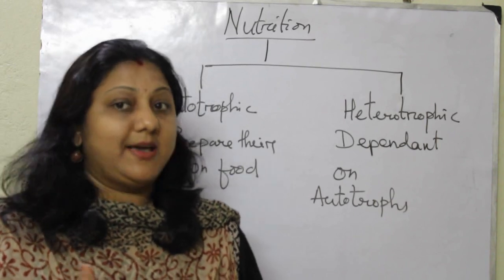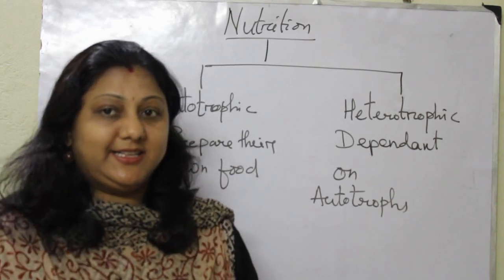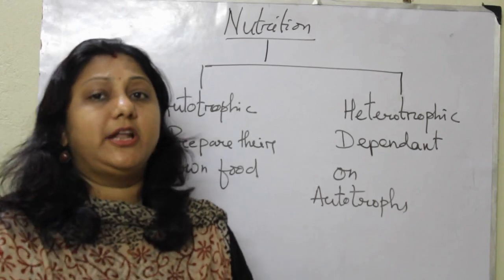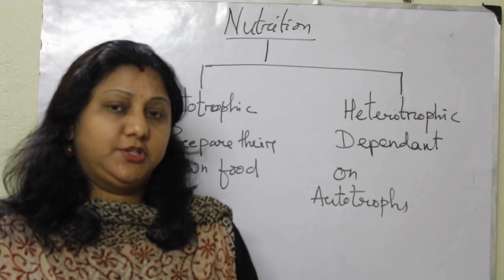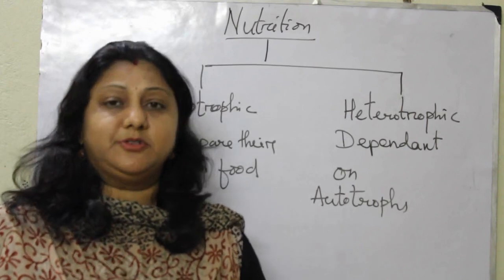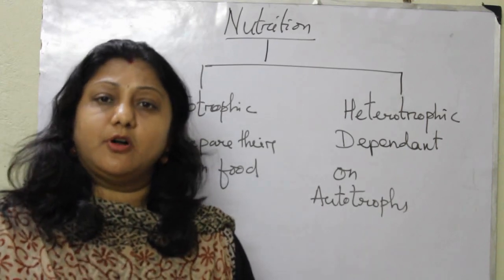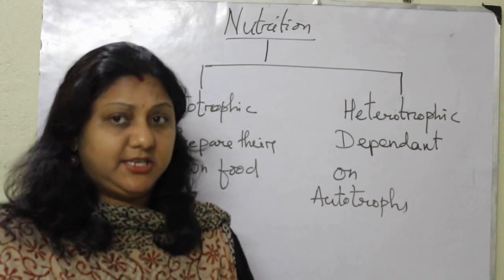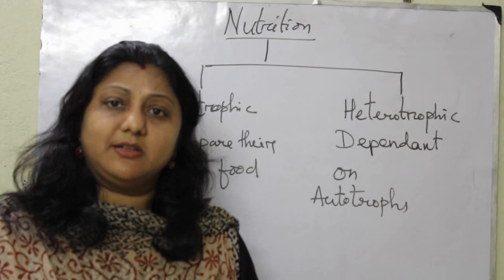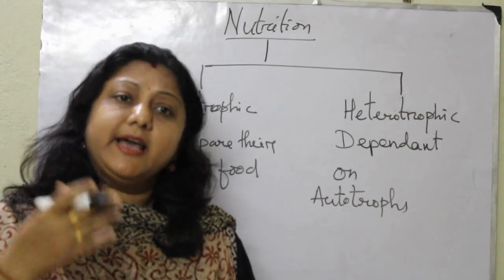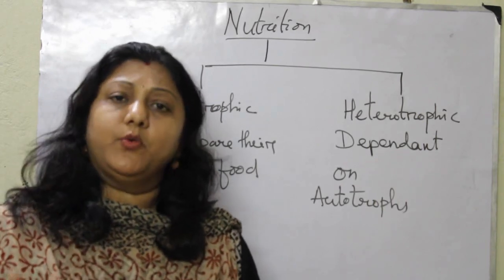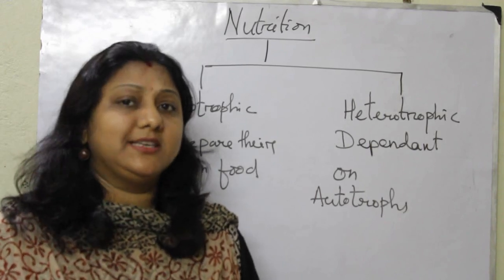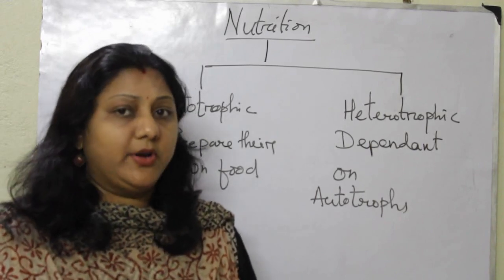They utilize the chemicals to get their energy. Some organisms depend on light to get their energy. So there are two different types of autotrophs, the photoautotrophs and the chemoautotrophs. There are some bacteria which are dependent on chemicals and they can also get their own food. They synthesize their own food by utilizing the chemicals available on earth.